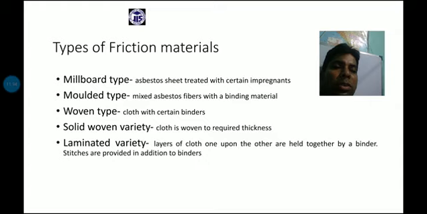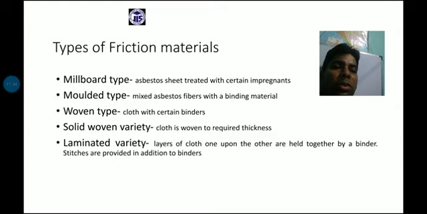So mu is equal to 0.3. If a factor of safety is 2 when it is to be considered in design, then factor of safety FOS is equal to 2. So calculate the size of the clutch plate and assume uniform wear theory in the design calculation.